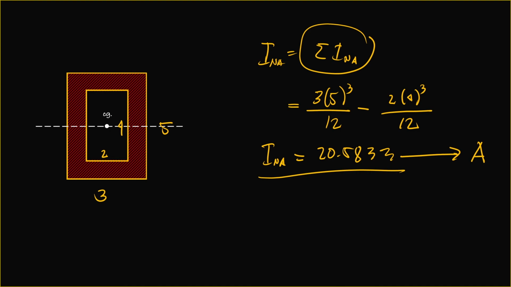That's why I'm asking you not to round off if it's not yet the final answer, otherwise there may be a discrepancy in the final answer. This is your koan for this class: do not round off if it's not yet the final answer. Instead, store the value in a letter and use the letter in solving the succeeding quantities.